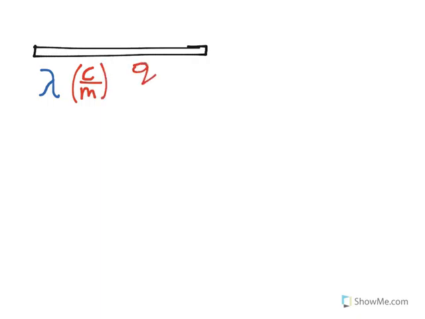So charge per length is what that is. If I were to say that you had a wire that was 2 meters long, and I told you that I put a charge of 4 coulombs onto the wire.